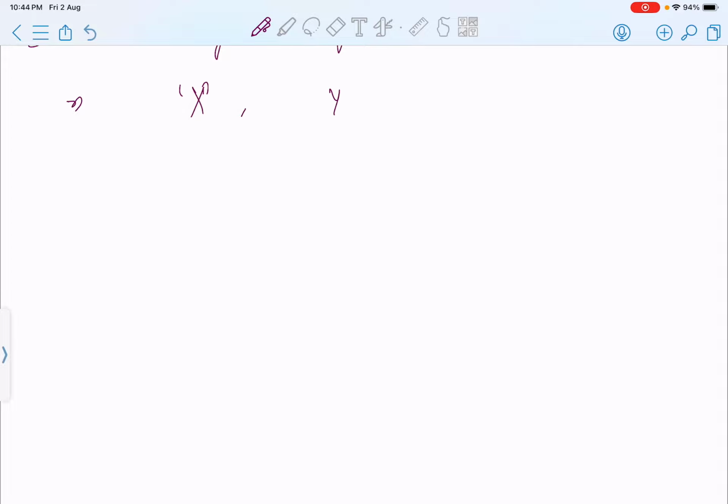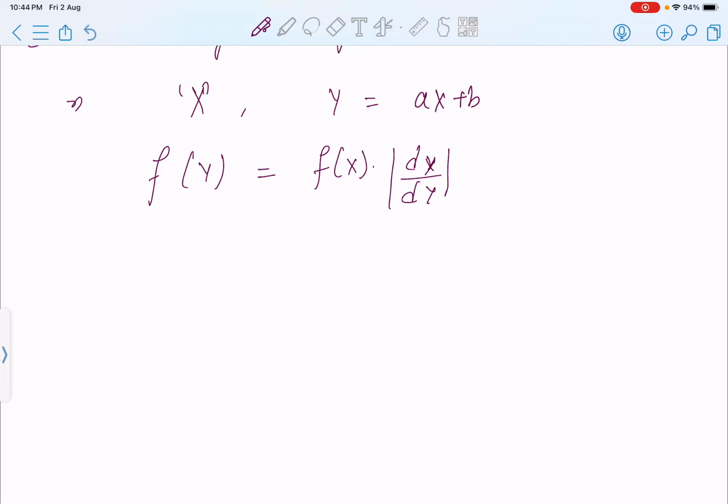Now we are mapping it to y, which is equal to some ax plus b. So what happens, we directly say the density function of the random variable in the y domain will be f of x multiplied by dx by dy. Remember, it's not dy by dx, it's dx by dy and then mod.